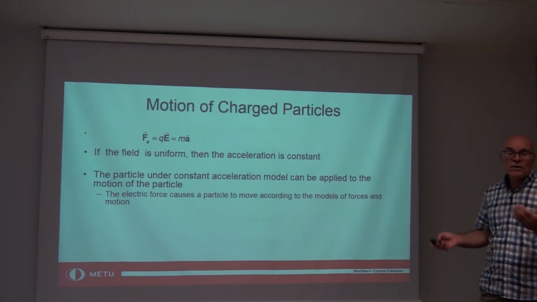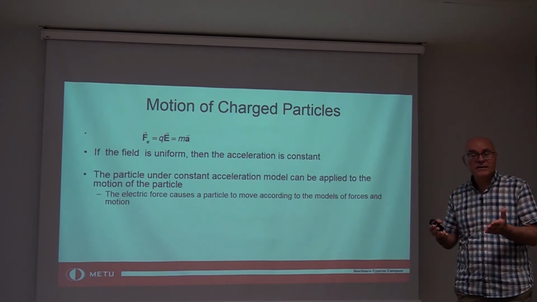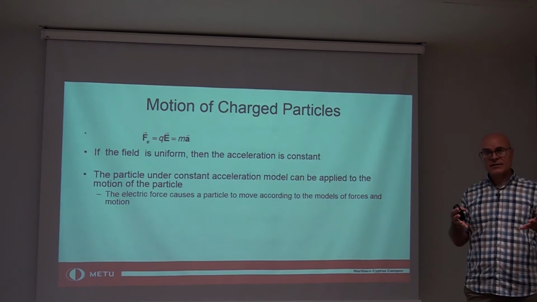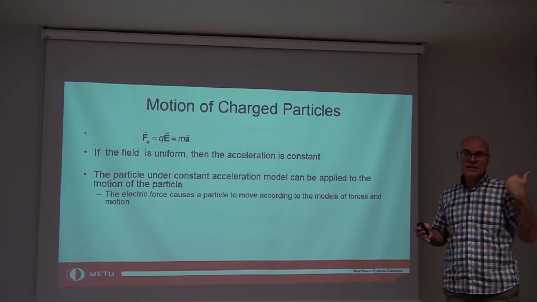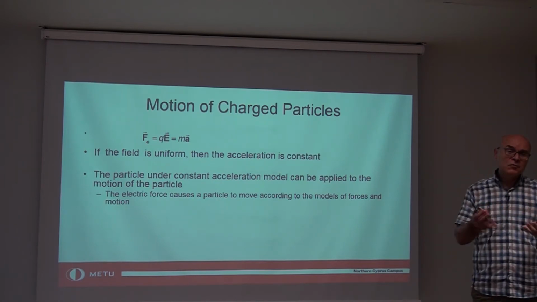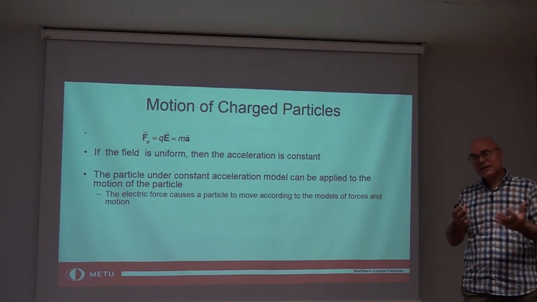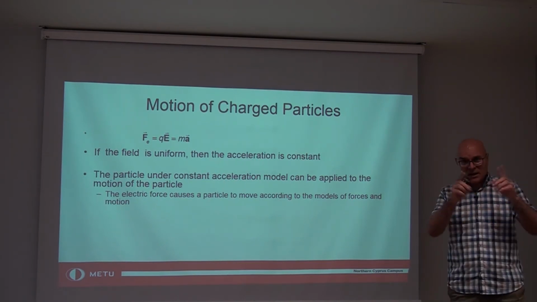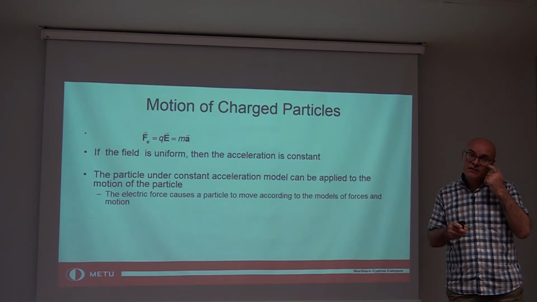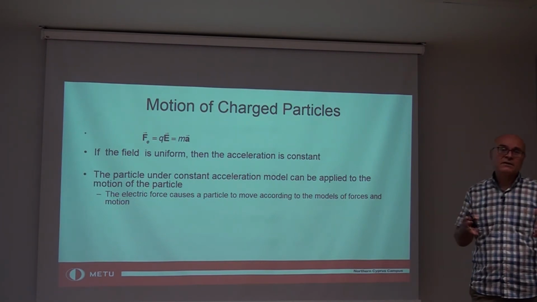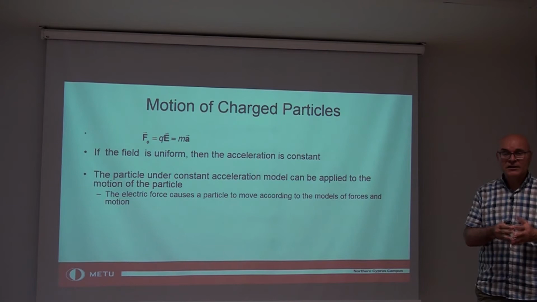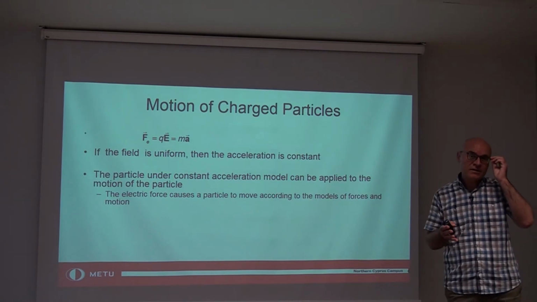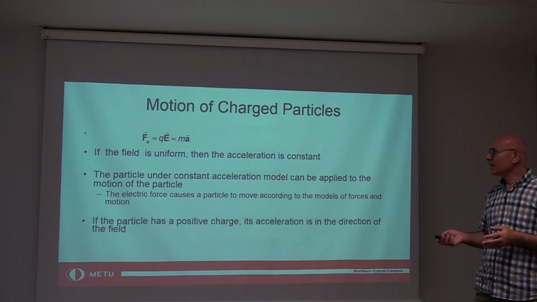And so we have a particle moving under constant acceleration. We have learned in the mechanics part of this course how to study the kinematics of such a particle using the equations for a point particle with constant acceleration, and we can apply these equations to this particle.